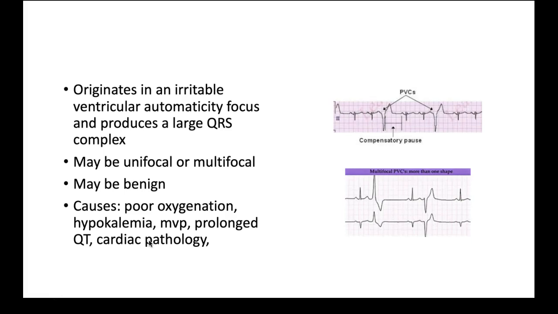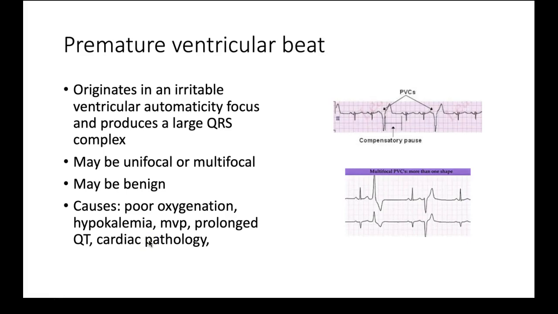It also can be caused from poor oxygenation, mitral valve prolapse, hypokalemia, and if you were at intensives, we talked about potassium when I did the basic metabolic profile and how critical that is to your cardiac arrhythmias. And I will try to put an example of a 12-lead EKG or some kind of electrocardiogram with elevated potassium so you can see the changes in the T waves.